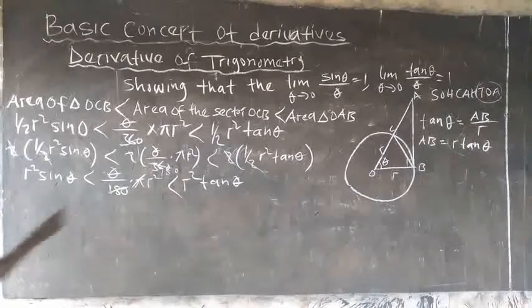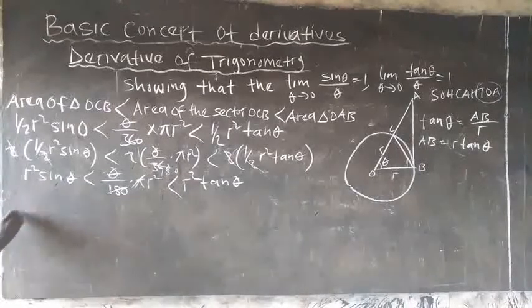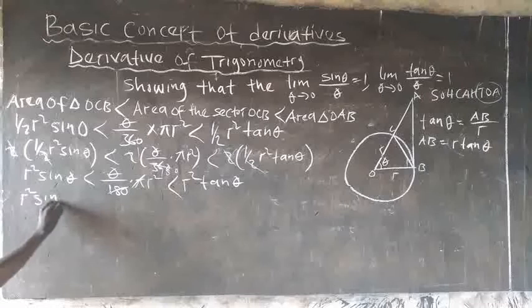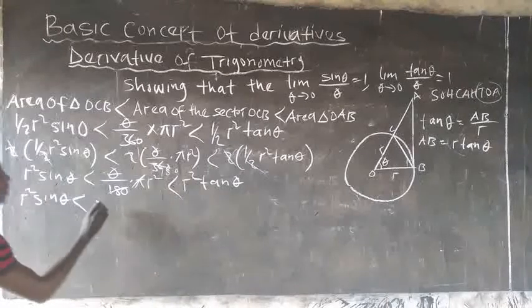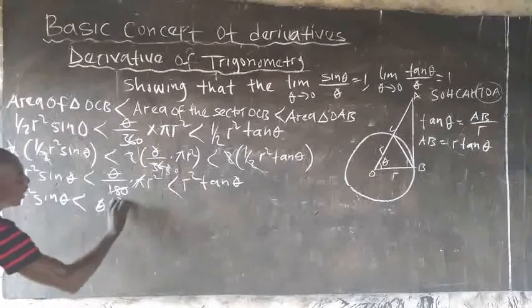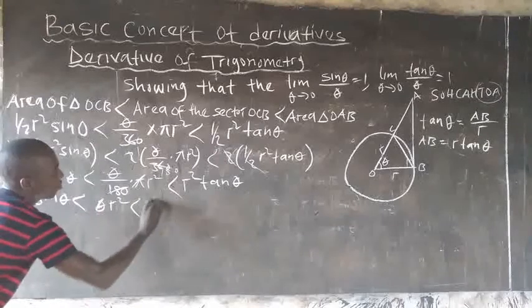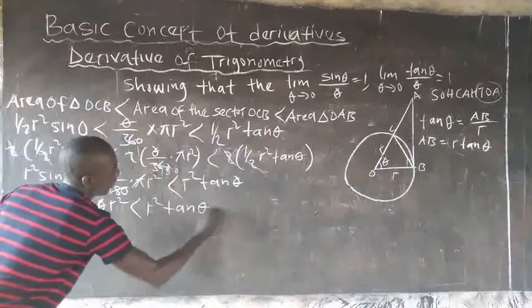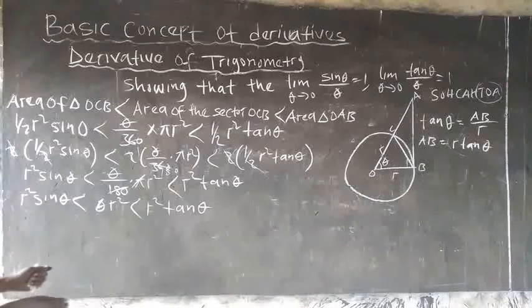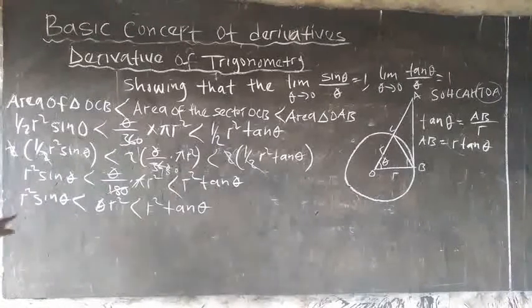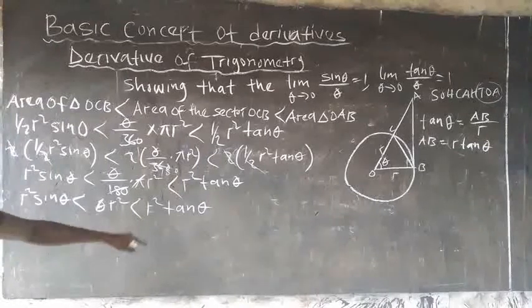Then we'll be left with r squared sin theta less than theta r squared less than r squared tan theta.